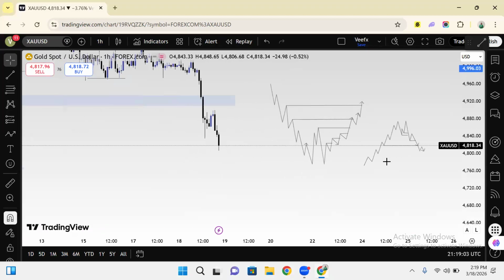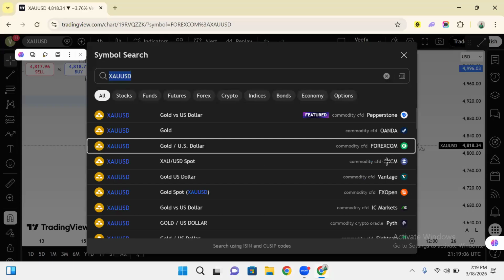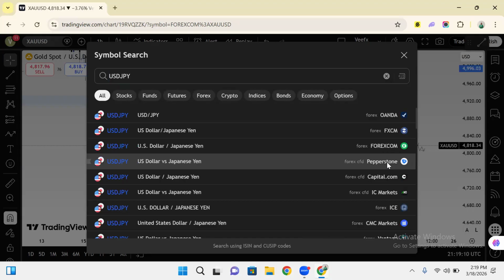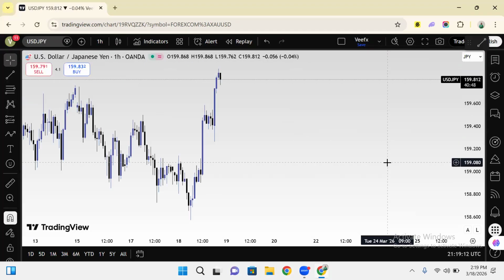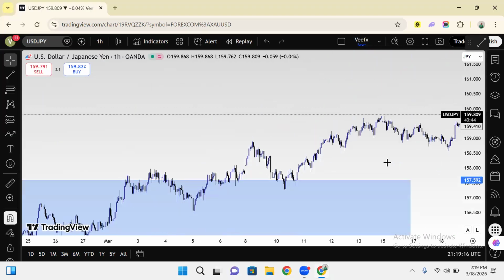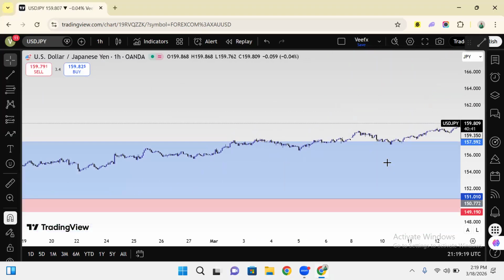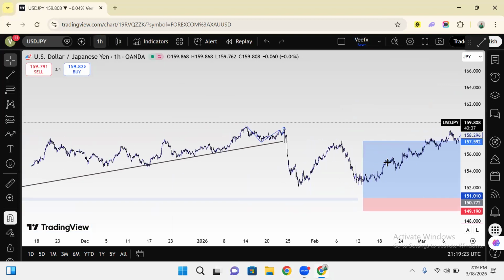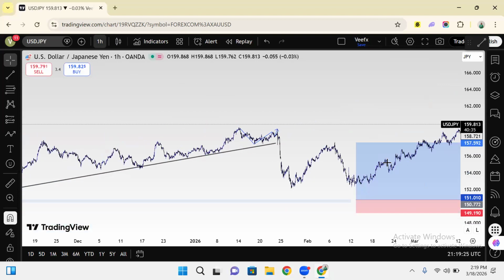Now let's give an example. I think at some point on USD JPY, there was a trade one time, I think last week or so, that was from multiple break of structure. Let me see if I can find it.